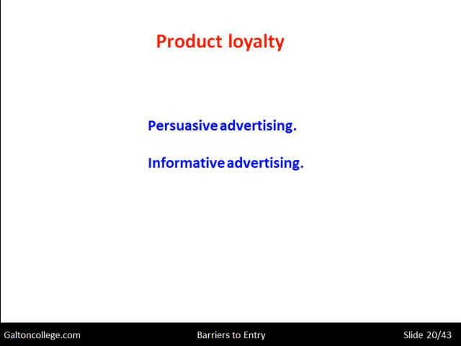As I said with the car, we don't have advertisements telling us about the car, about the engine, or about its performance or whatever. We have just, it's persuasive. Trying to tell us to buy the car, and it'll help us project a very up-to-date image of ourselves, whereas informative advertising would tell us all about the car.